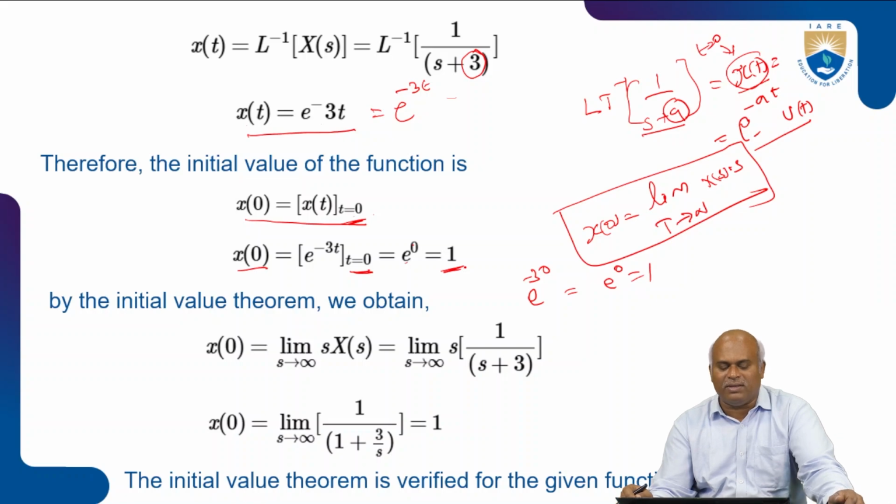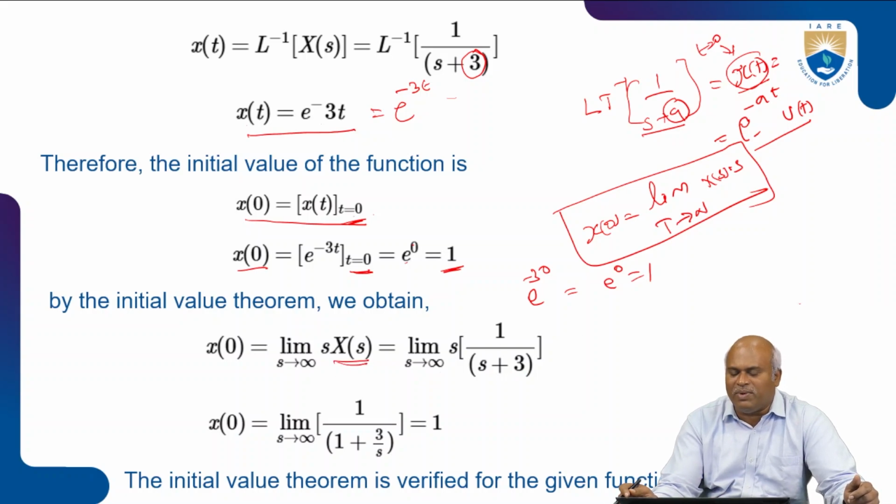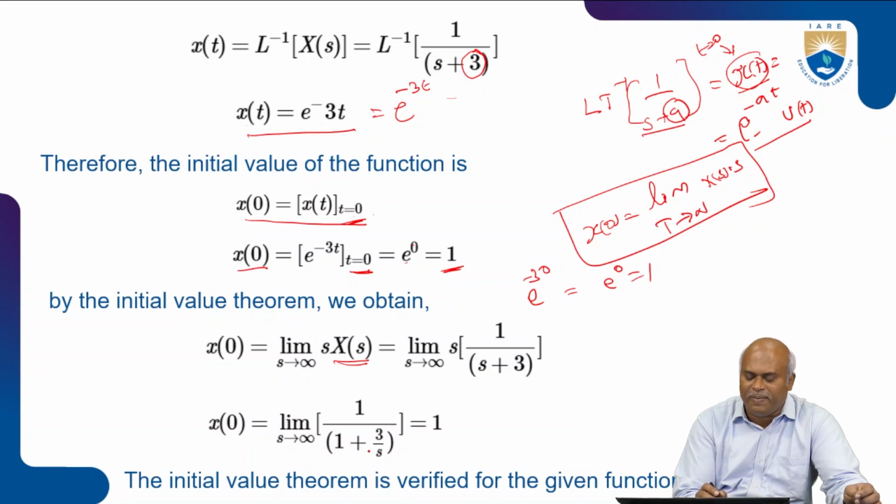Then by the initial value theorem, we obtain x of 0 is equal to the limit as s tends to infinity of s x of s, which is the limit as s tends to infinity of s into 1 by s plus 3. This x of s is 1 by s plus 3.